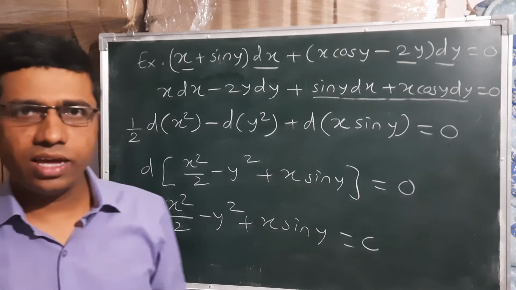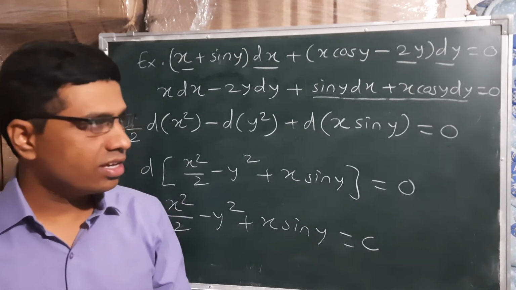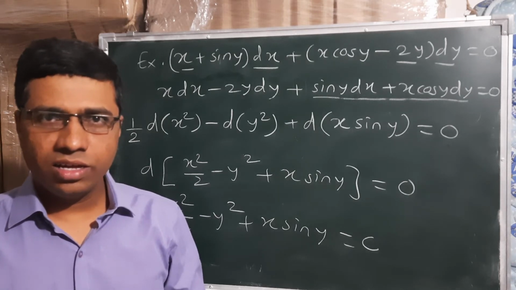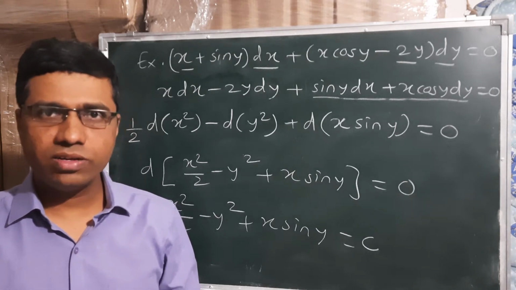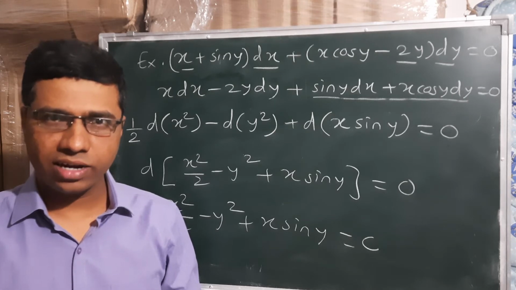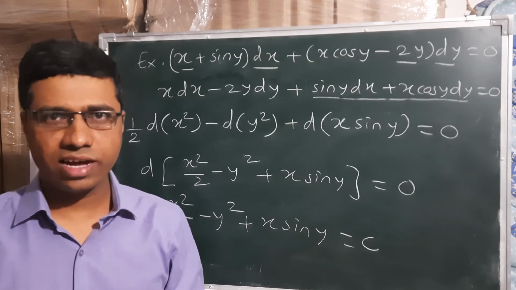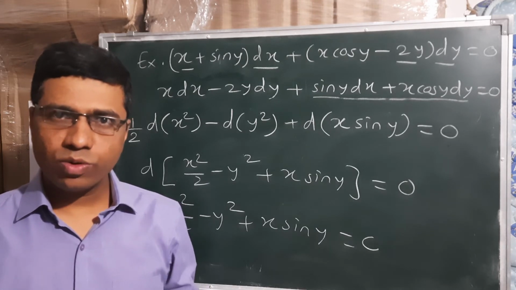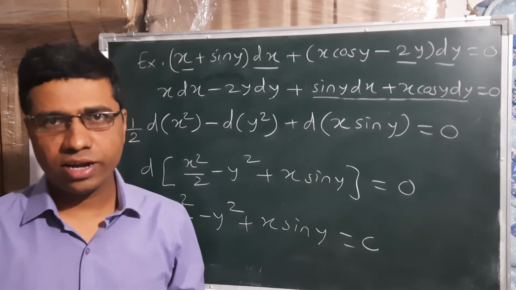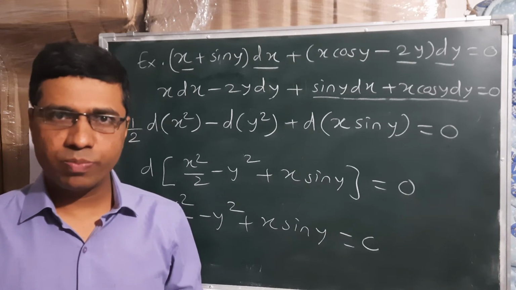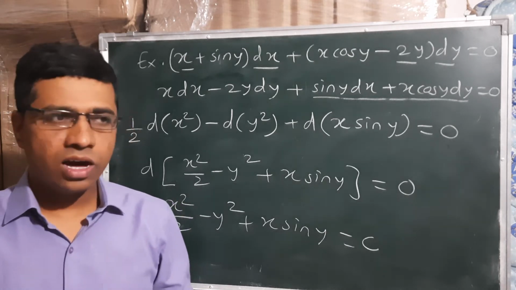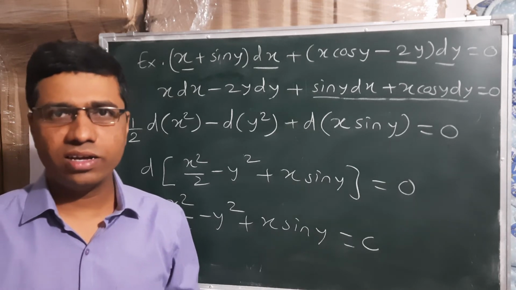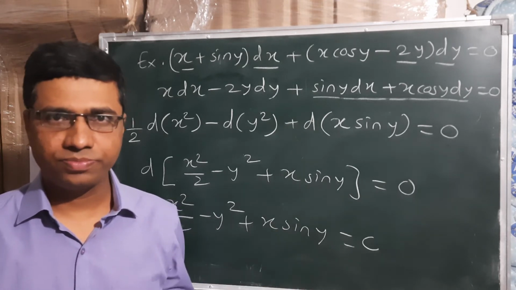Now we see a similar thing for non-exact equations. We have seen that the equation is not exact, but we can multiply by some factor and make it exact. Such a factor is called an integrating factor. We are going to see the method of finding the integrating factor, but before that, first we see how to find the integrating factor by just inspection.